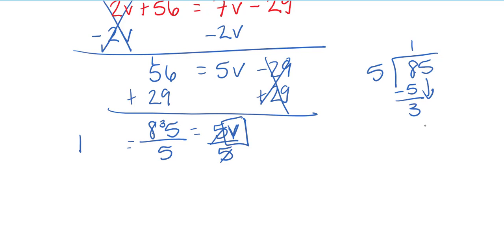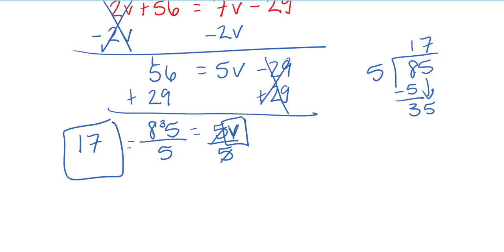We get 3, then we bring down that 5. Now 5 can go into 35 7 times. So v is equal to 17.